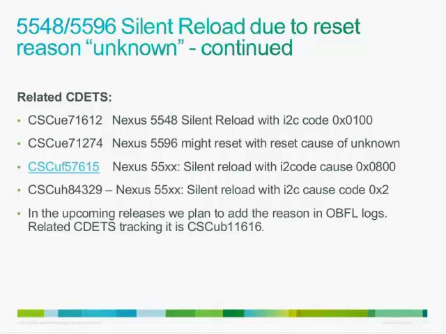That should not happen, so if you see something like that, definitely give us a call. We have included some of the caveats here. You have to call TAC, and have us load a deplug and find the I2C cause code, and based on the codes, we can determine what kind of bug it is.